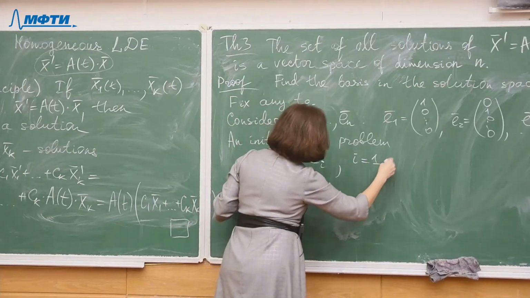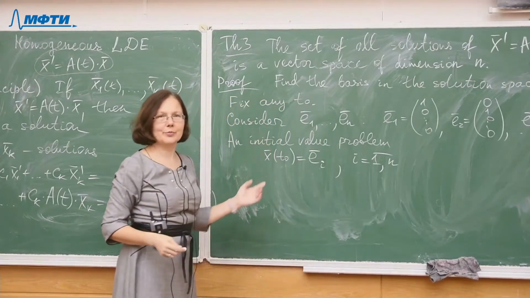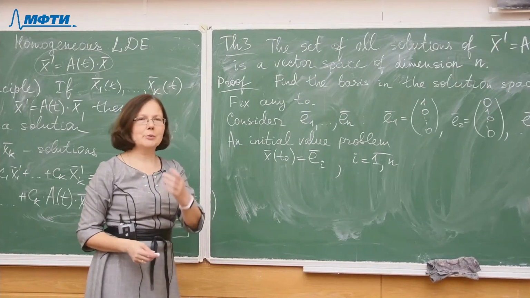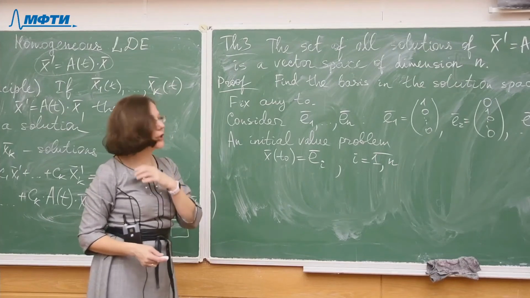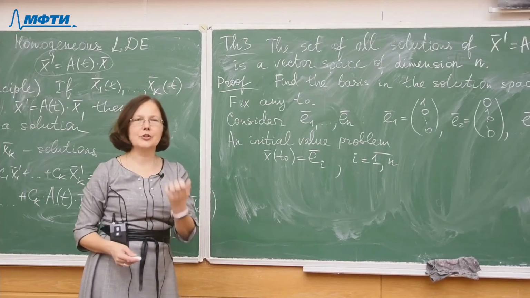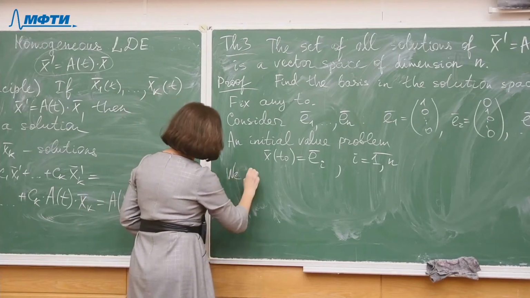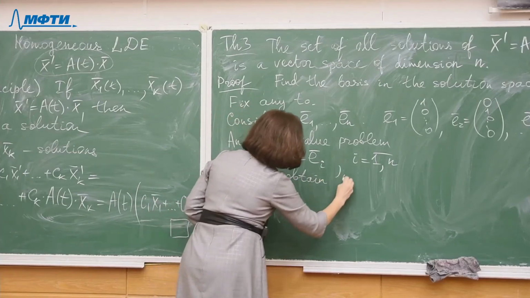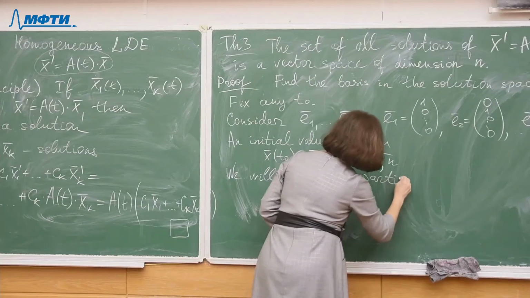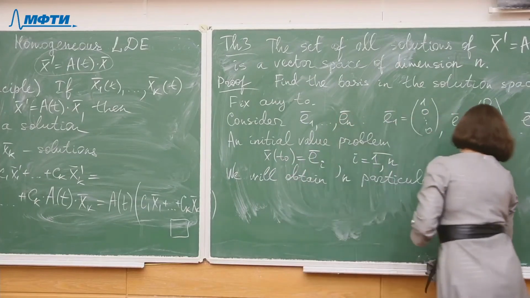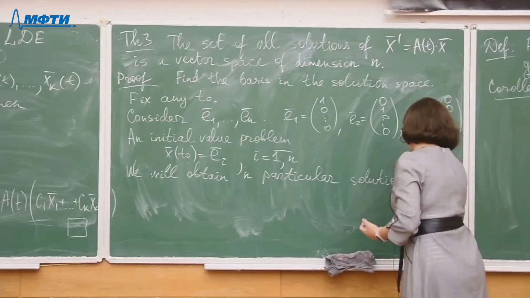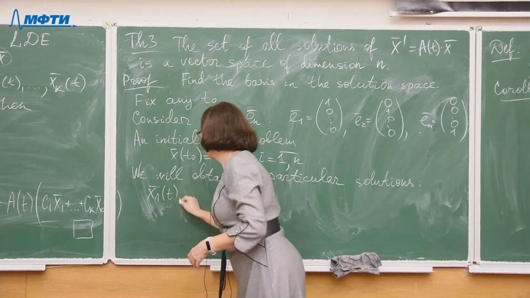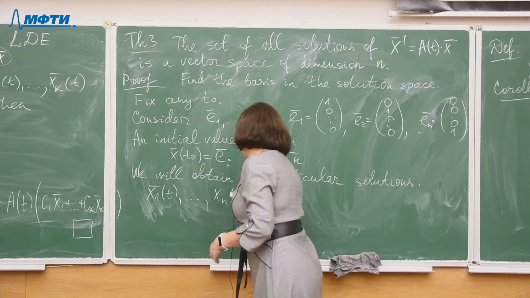For each initial value problem, we will find a particular solution, and we obtain n particular solutions, x1 of t, ..., xn of t.